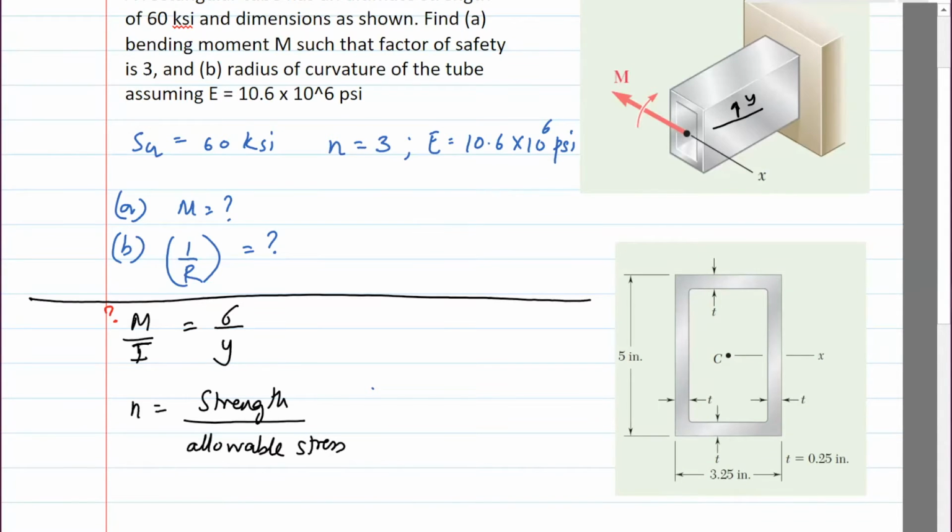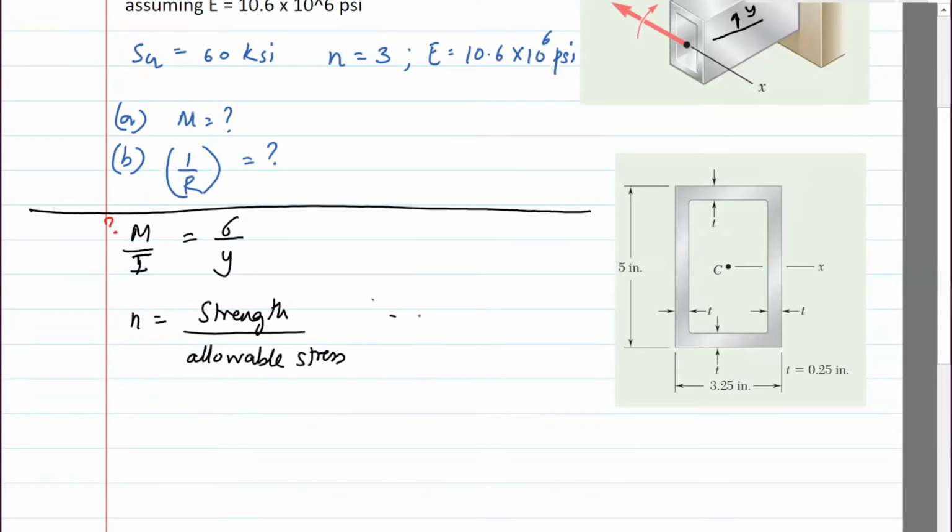So the strength in this case is the ultimate strength, the allowable stress is sigma, which is unknown, and we know n. So 3 is the factor of safety, SU is 60 ksi, sigma is unknown, and so we can solve sigma to be 20 ksi. Okay, so we're done with one thing.